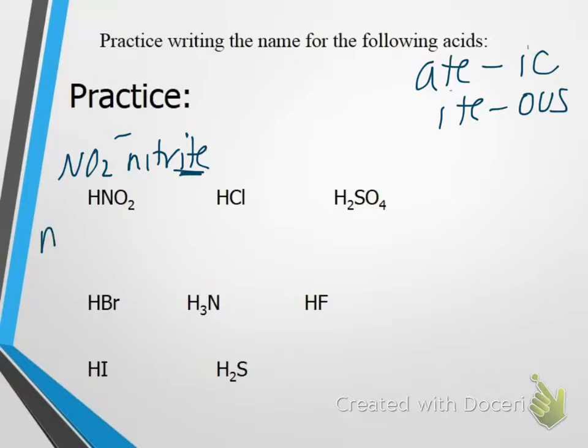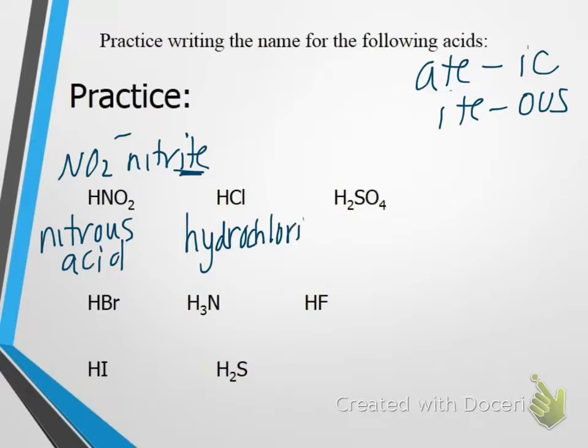Ite, nitrous. So this would be nitrous acid. HCl, I do not have oxygen, so I use hydro. So that's hydrochloric acid. And I encourage you just to memorize that formula because we will use hydrochloric acid a lot in our next unit.